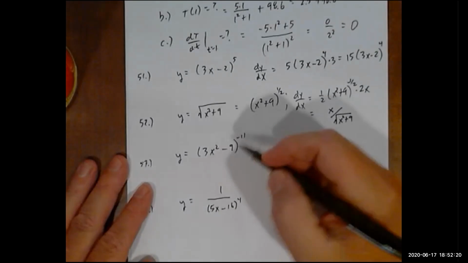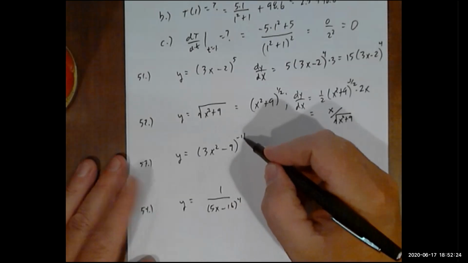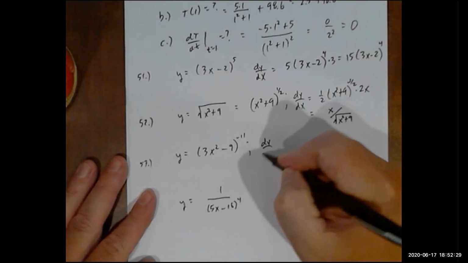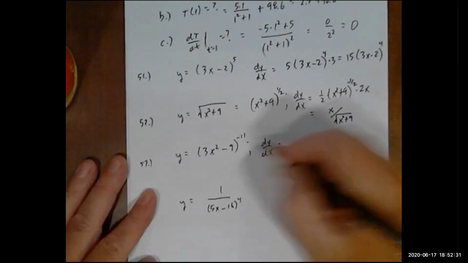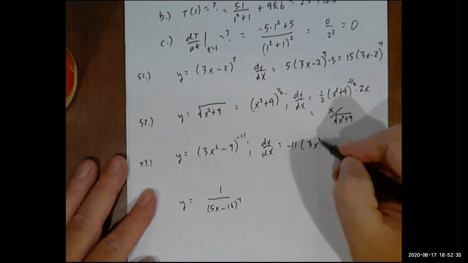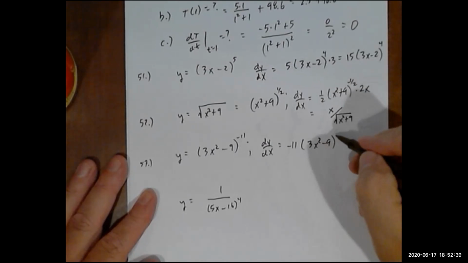The third one of these 4 chain rule problems, pretty straightforward. We have parentheses raised to an exponent. Even though it's a negative exponent, we still just apply the chain rule. Outside, bring the exponent down, copy down what's inside the parentheses, subtract 1 from the exponent.